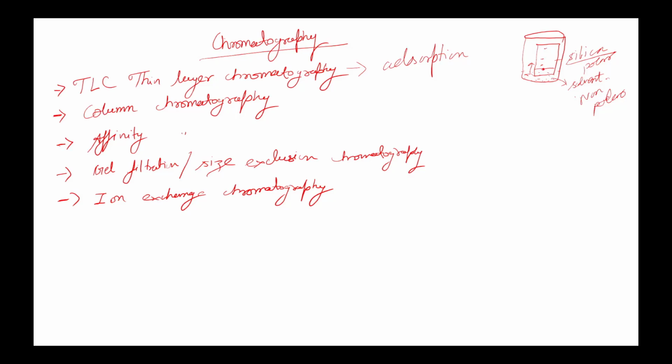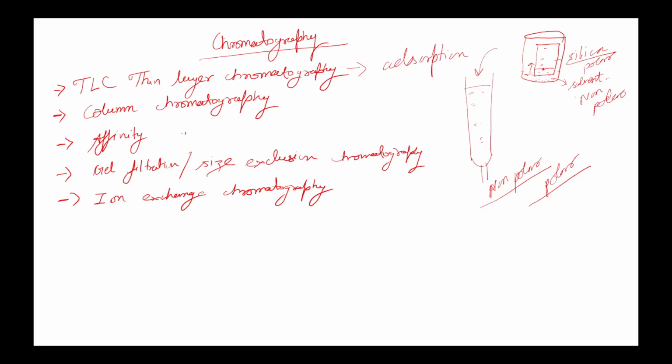Here we make a silica column, a glass column packed with silica, and we put our solvent or mobile phase from the top, and the mixture gets eluted according to polarity. Here also the non-polar comes first, and the polar one comes later, because it has more polarity with the stationary phase, that is the silica.